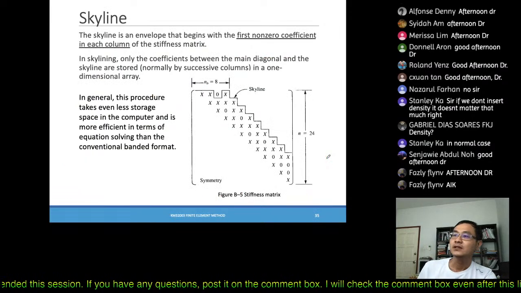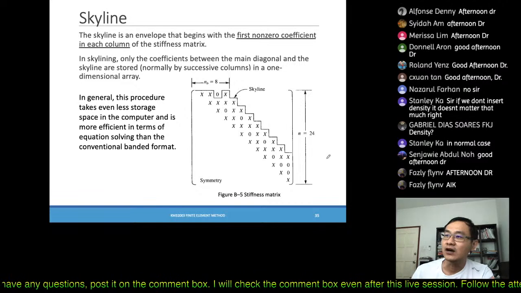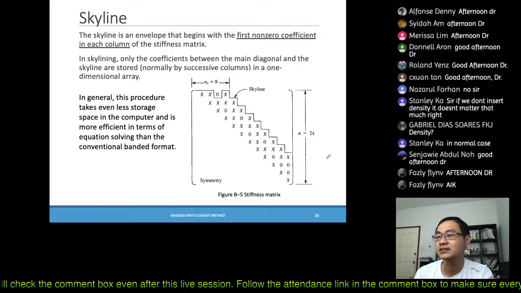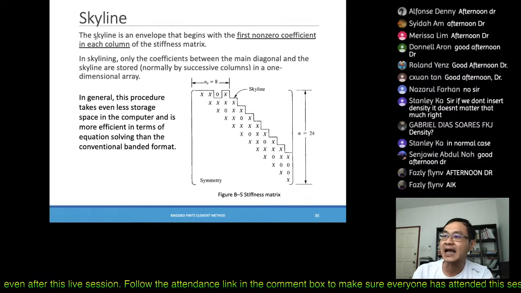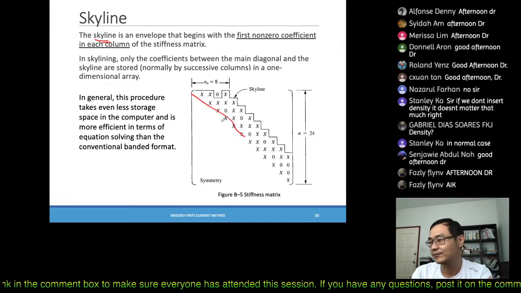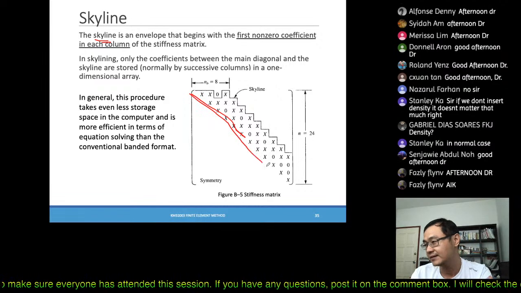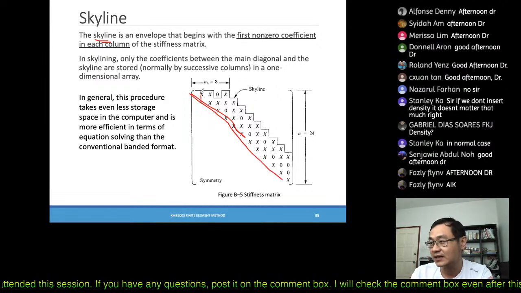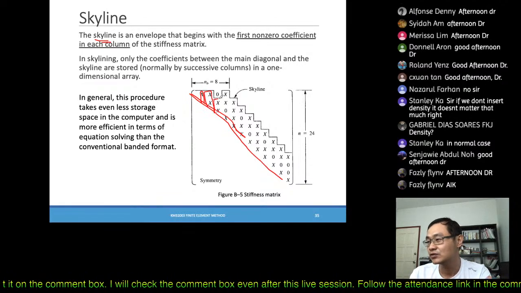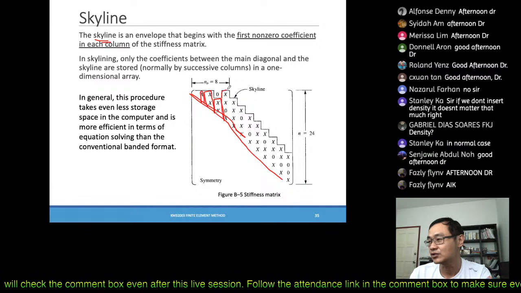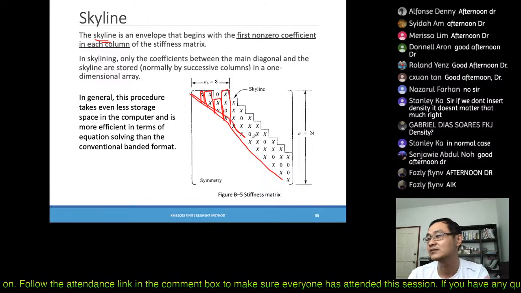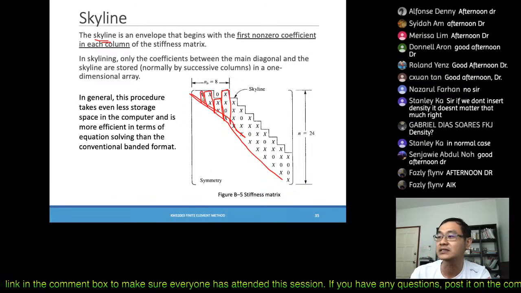Now we have also another way of storing the bandwidth or the stiffness matrix itself, by using a skyline. So the skyline concept, we will do it again from the symmetry line. Just like a building, we call it skyline, right? So there is a maximum number again in this direction, in the vertical direction, we call it skyline.